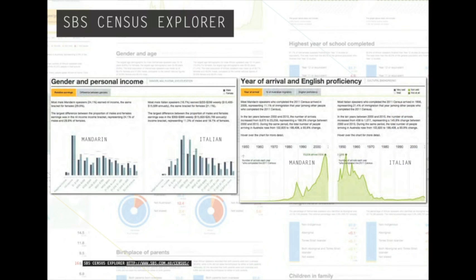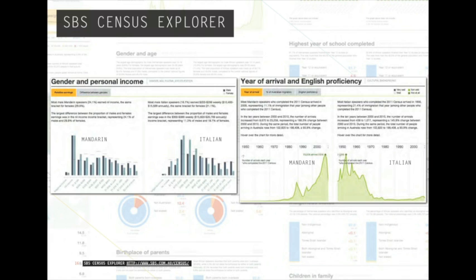Basically, you can select languages, comparing two languages or two places. Here, continuing on from the last slide, we are comparing Mandarin-speaking population in Australia with the Italian-speaking population in Australia. On the left, we are looking at gender and personal income.